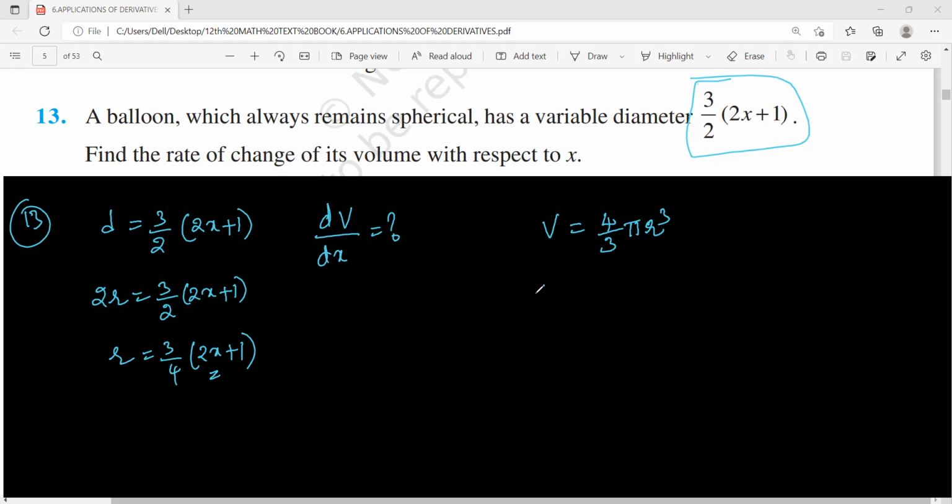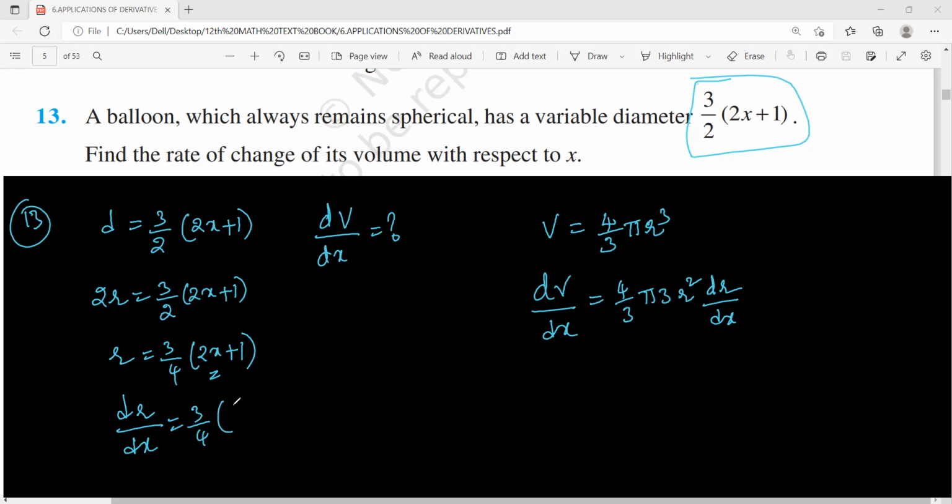So here we write dV by dx equal to 4/3 pi into 3r square into dr by dx, with respect to x. So here also you write dr by dx. What is dr by dx? 3/4 times 2 into dx by dx, that is 2.